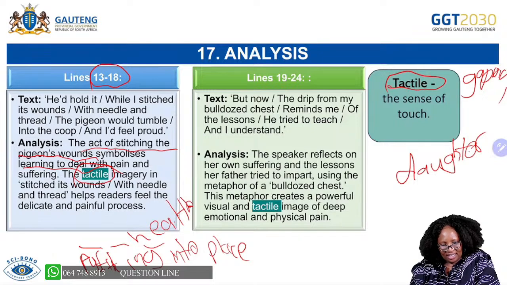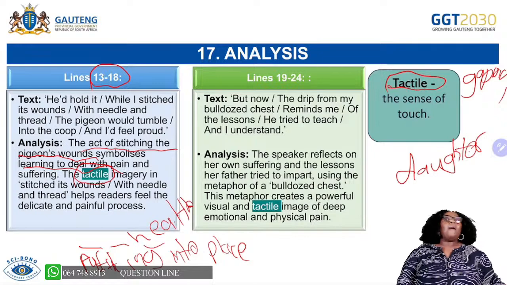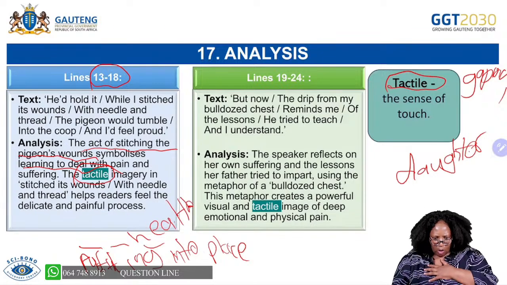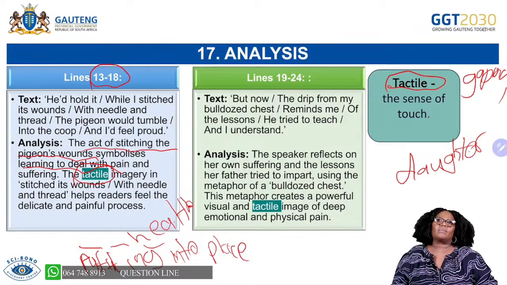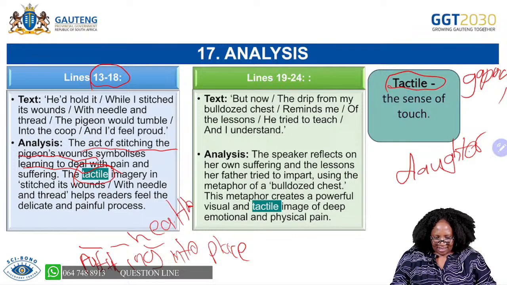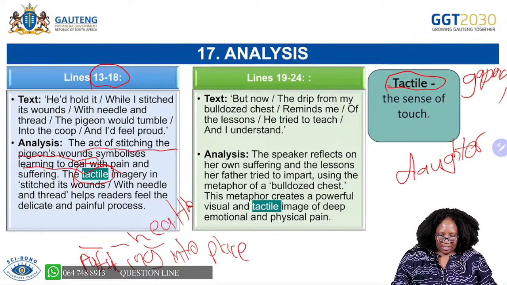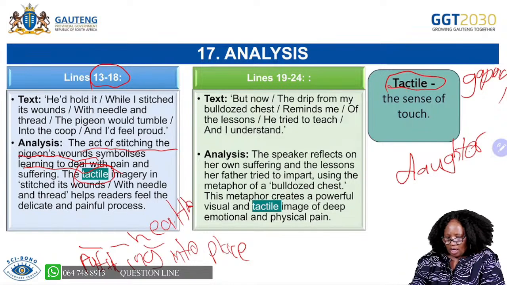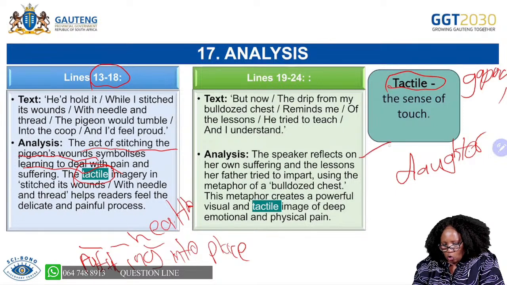In lines 19 to 24, let's read the text. "But now, the drip from my bulldozed chest reminds me of the lessons he tried to teach, and I understand." We have two periods here.